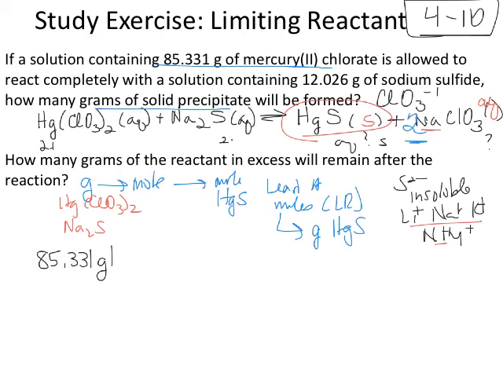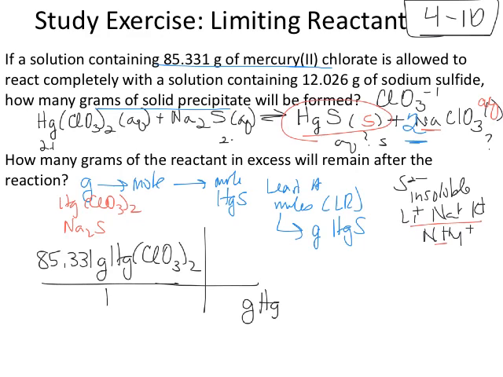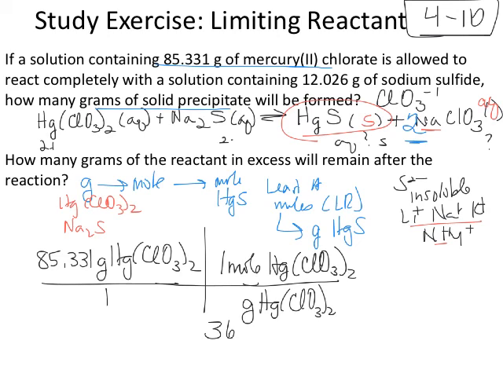85.331 grams of mercury chlorate over 1. And then we have to get it into moles, so we do molar mass. Grams of mercury chlorate for 1 mole of mercury chlorate. So what is that? If you add on the periodic table, 2 chlorines, 6 oxygens, 1 mercury, you should get 367.49 grams.